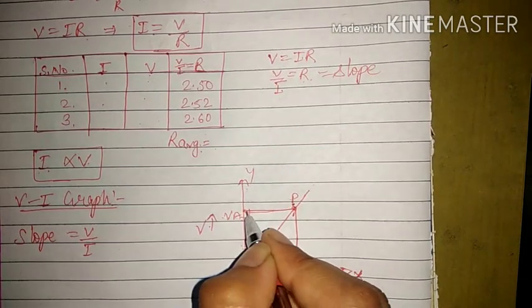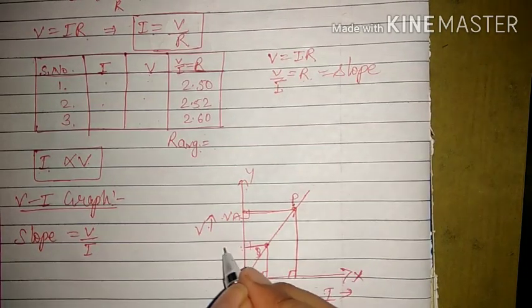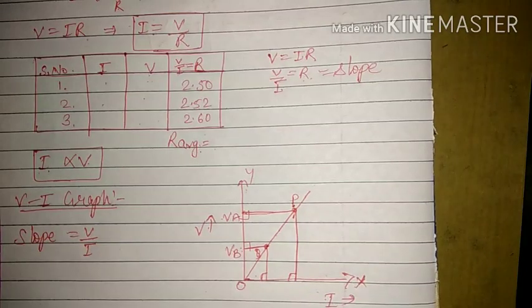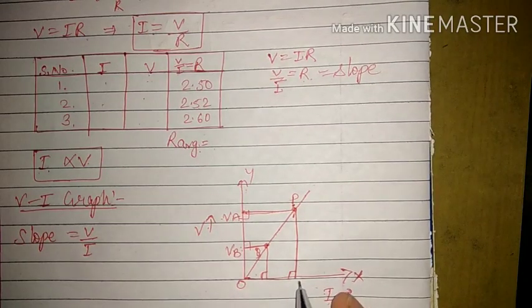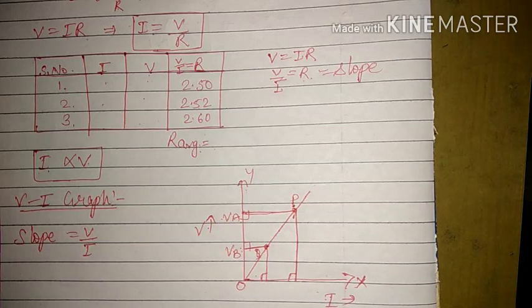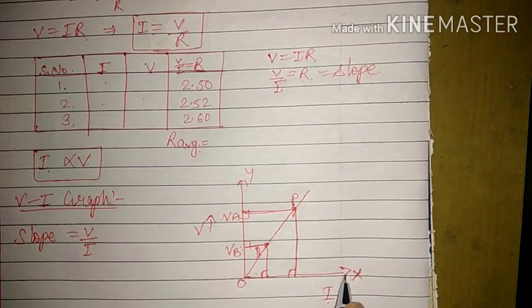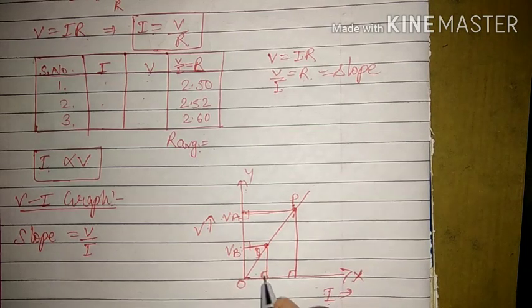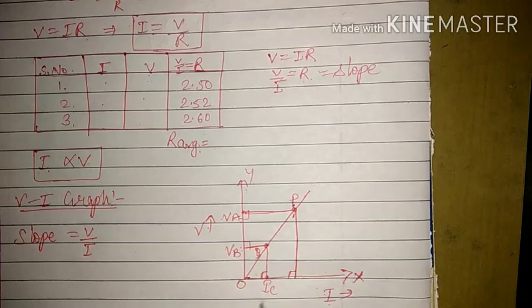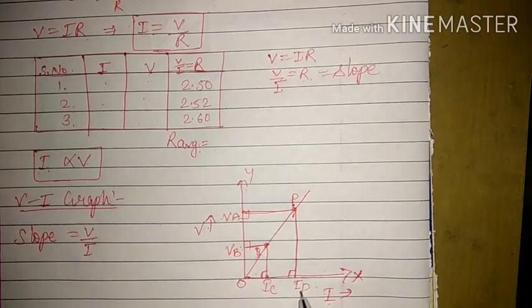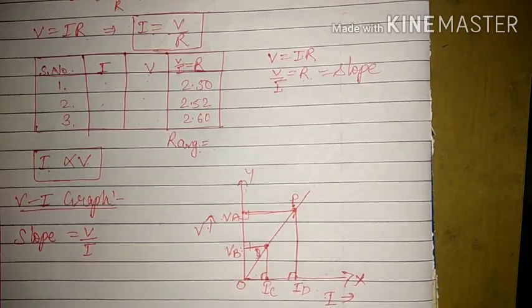So the potential at this point will be VA and the potential at this point will be VB. Similarly, here also we will take one point as C and one point as D. On this axis we have current I. So at this point, let it be C, the value of the current is IC, and here the value of current is ID. These are actually some numerical values.